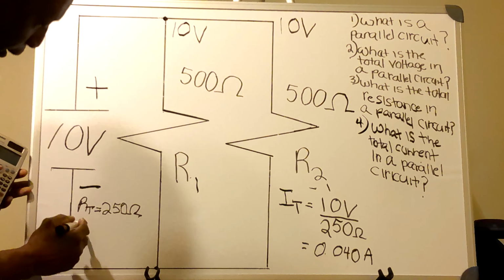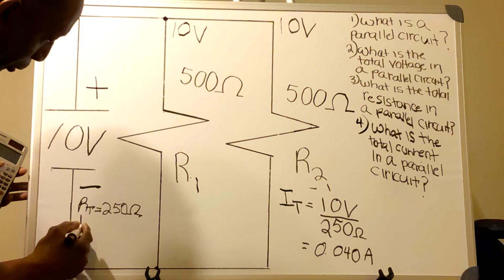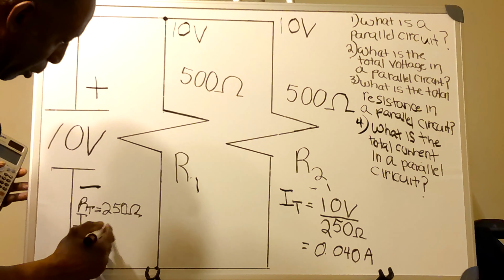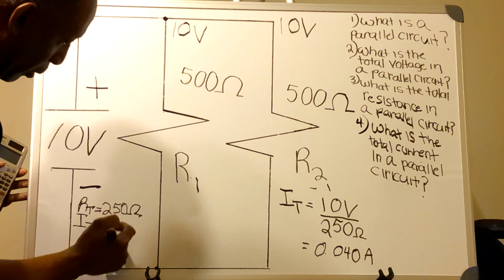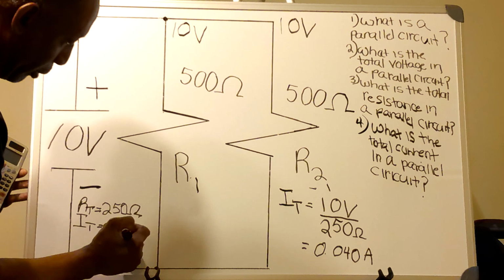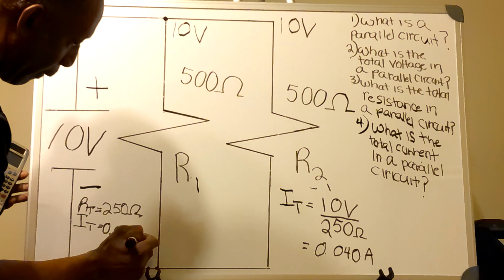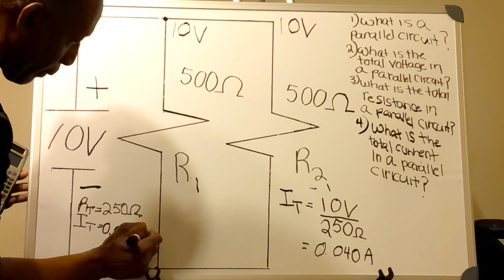So now you see here IT, which is the total current, equals 0.040 amps.